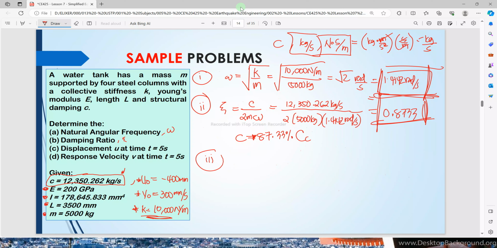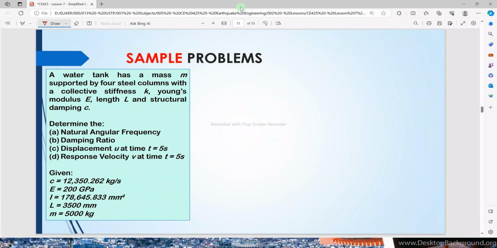Next, we are asked to find the displacement U at time t. If you recall, the damping ratio psi is equal to 0.8733. That is less than 1.0. Therefore, the system is what? The system is underdamped.